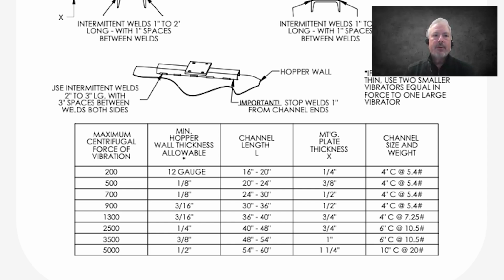So for instance, for a 1,300 force pound unit, we would recommend a C channel of 4 inches wide by 36 to 40 inches long. We want a pretty substantial length of channel. Sometimes people will ask, how long should I make the channel? I'd say as long as you can make it, it's fine. As long as we've sized the vibrator appropriately for the material that we're working with.